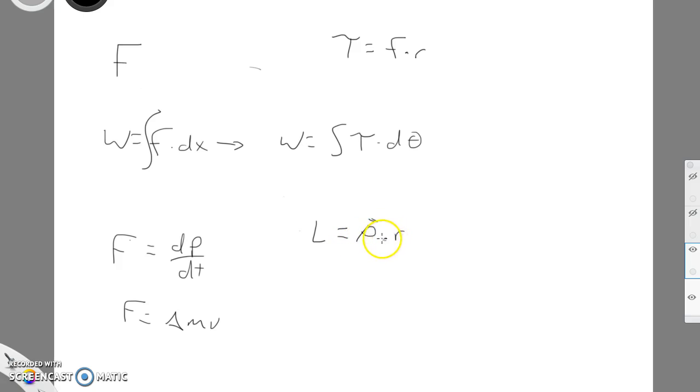The actual definition of angular momentum, and they like to use the lowercase l for angular momentum of a particle, is that the angular momentum, cursive lowercase l here, is equal to r cross p. Okay, so just like with torque, they have to be perpendicular.